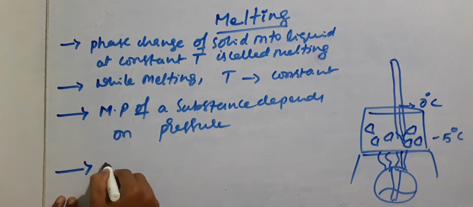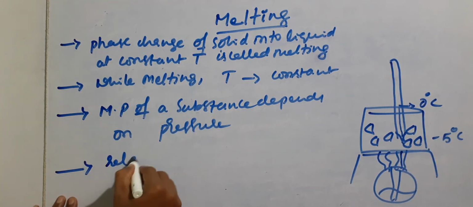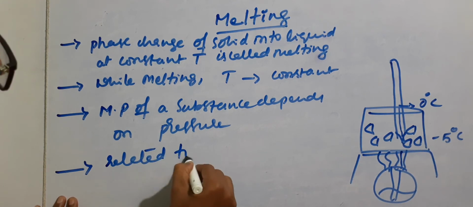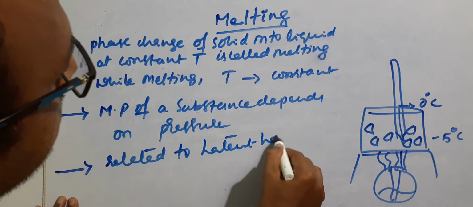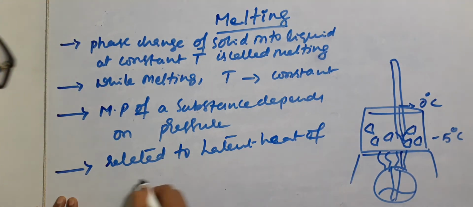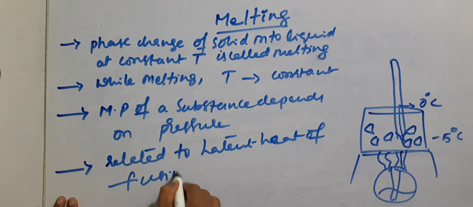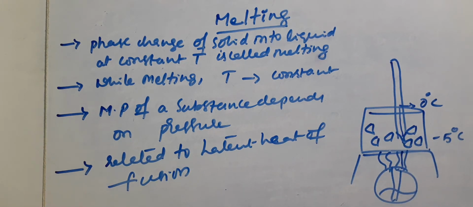Melting is related to latent heat of fusion. Latent heat of fusion is nothing but the amount of heat required by unit mass of a substance to change from solid state into liquid state at constant temperature.